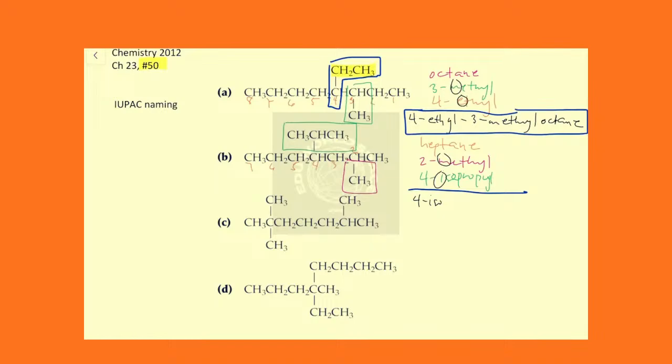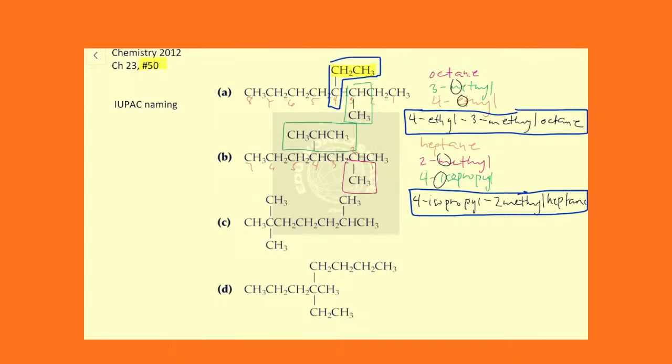Going for part C, I want to do this on the left side since we're kind of running out of space here. Okay. It's like this would be our longest chain, right? And this time, I think the branch point is closer from the left side. We can't really confirm that. I think we just have to count from both sides and see.